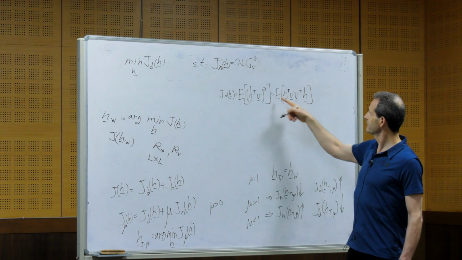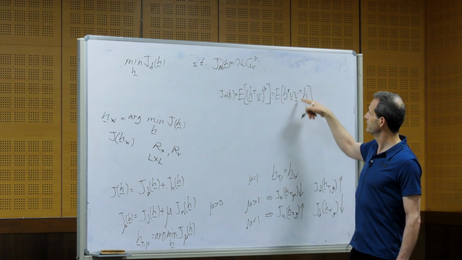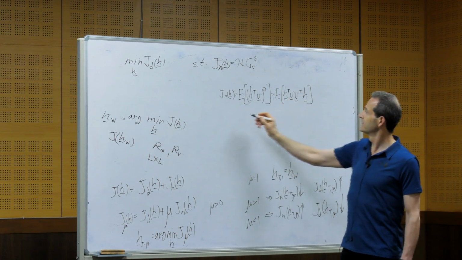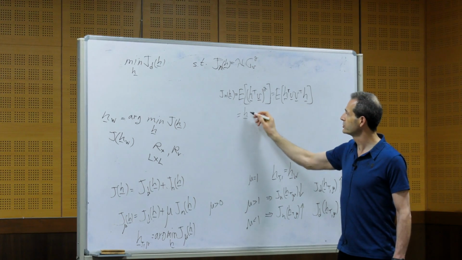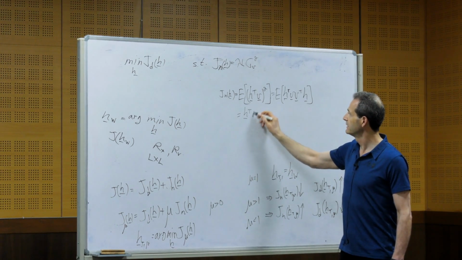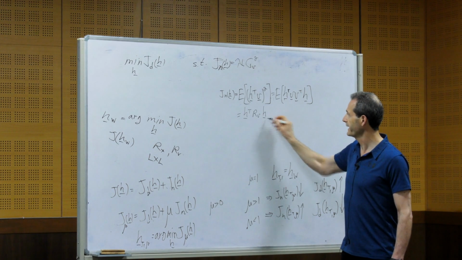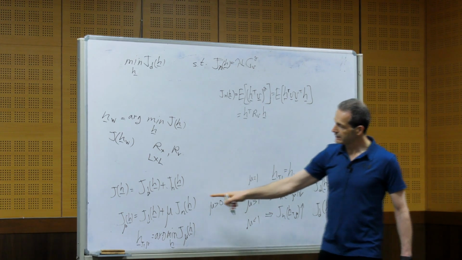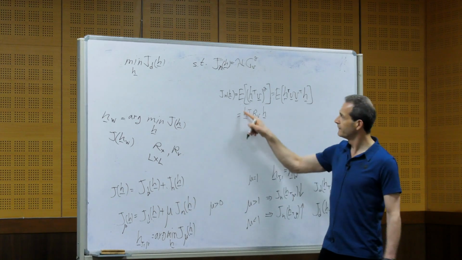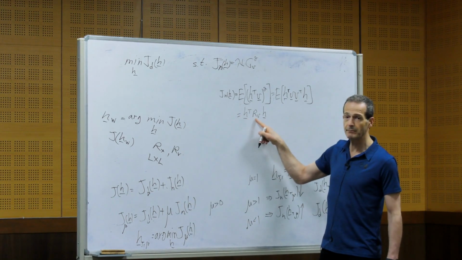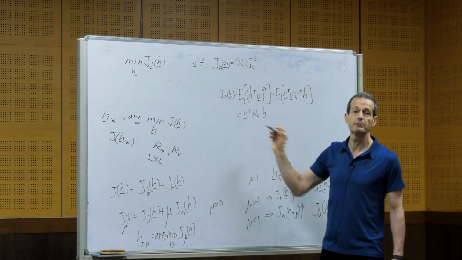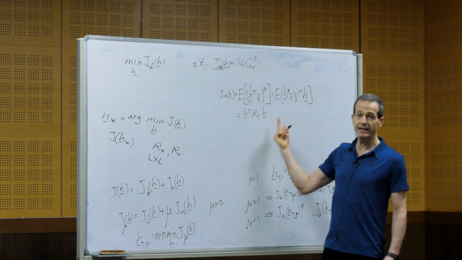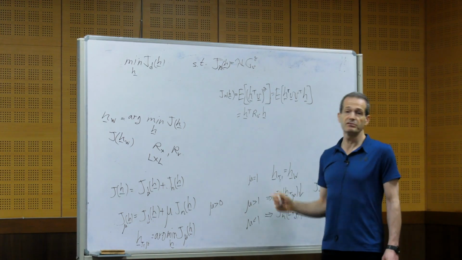Here I can put the expectation into the inner side, so I get h transpose Rv h. If I multiply this with mu, it's the same as multiplying Rv with mu, and then we get the same solution as the Wiener filter.